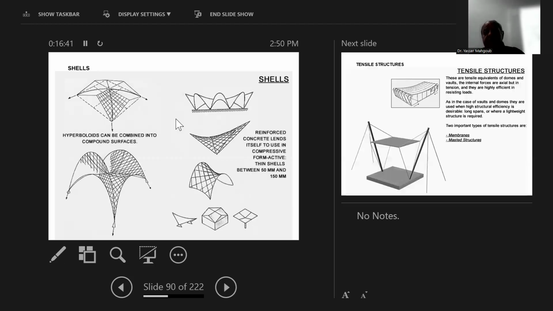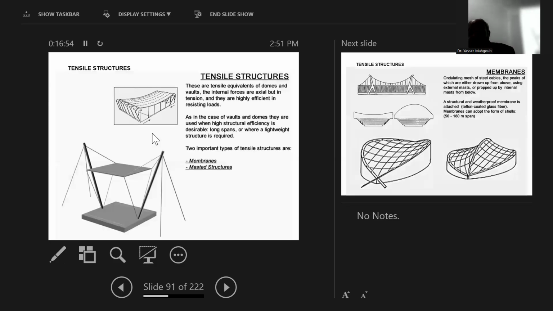The shells, they can take different forms and many ideas and buildings are generated using these shell types of forms. The tensile structures are structures that are held above, up, not down.